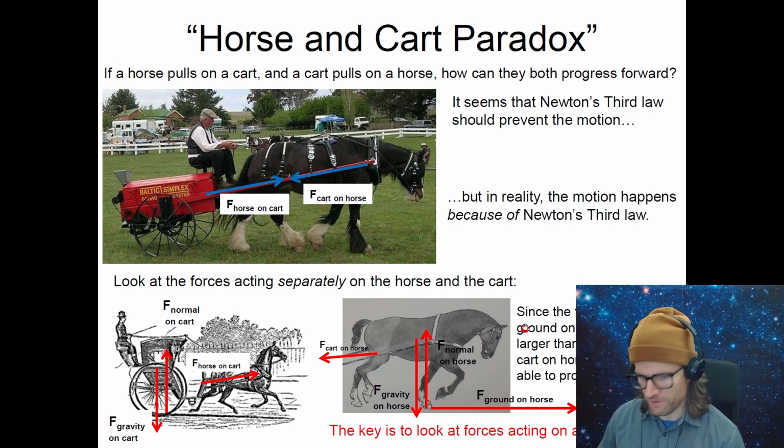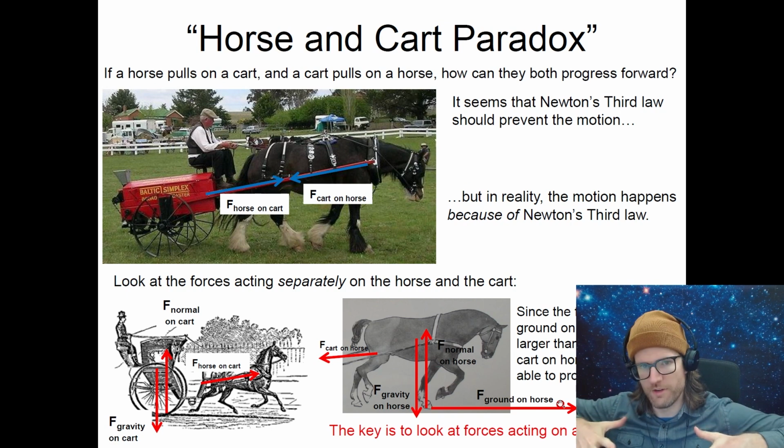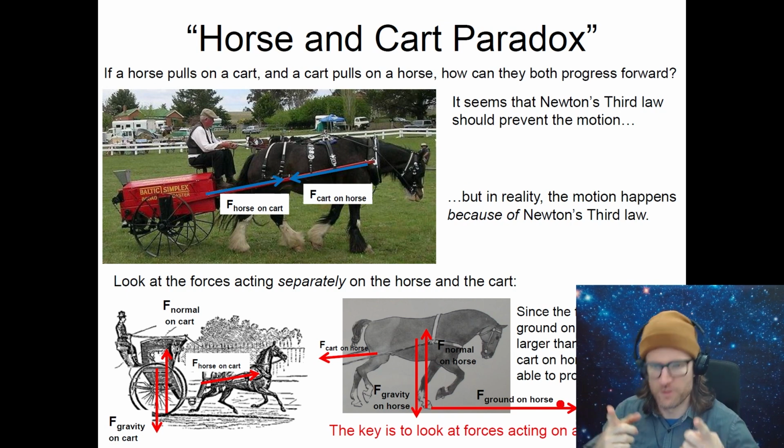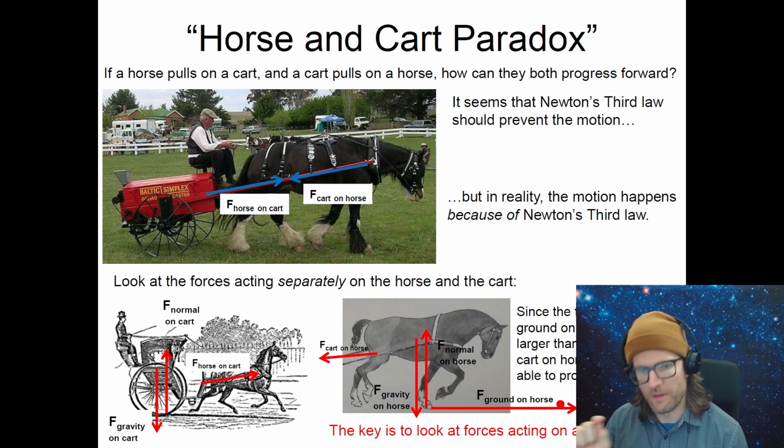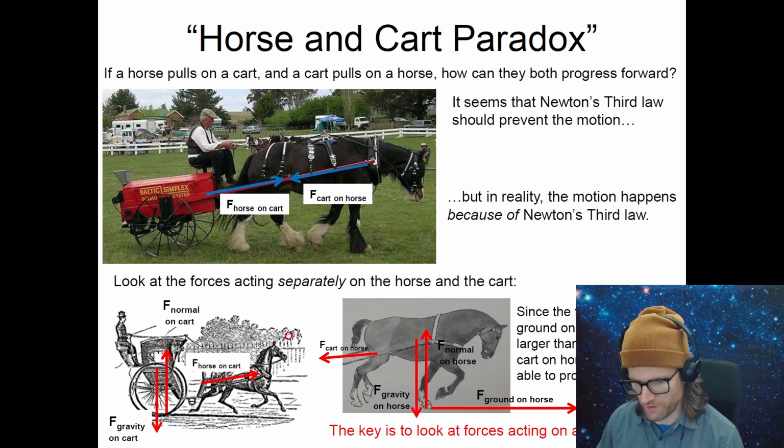Because let's look at this picture down here. The cart is pulling on the horse, but the ground is also pushing on the horse because the horse is using its hooves to push on the ground, which is causing a reaction force for the ground to push on the horse, which is then propelling the horse forward, which can overcome this cart on horse force.